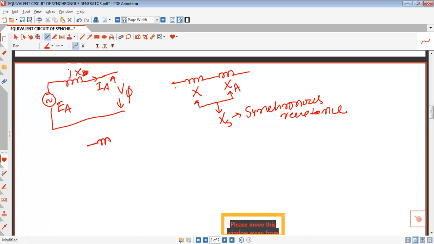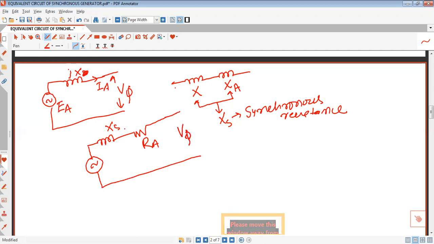We can now finally model the circuit like this. This is our XS, this is RA, and whatever voltage we are getting here is our VΦ, called the output voltage. Here this voltage is the induced voltage in the armature, EA.